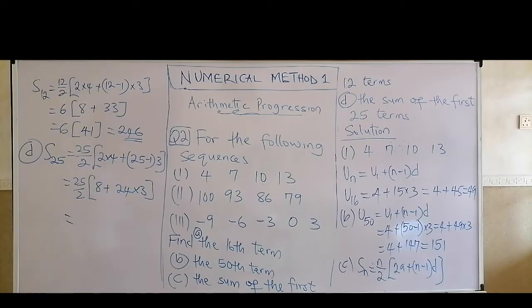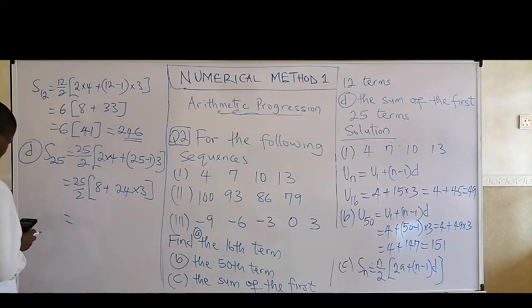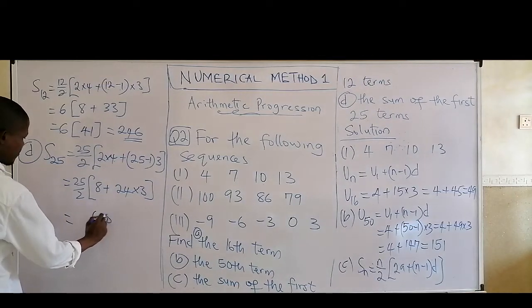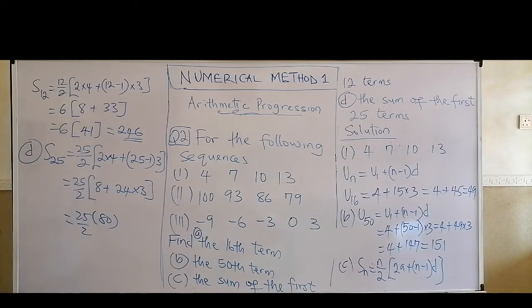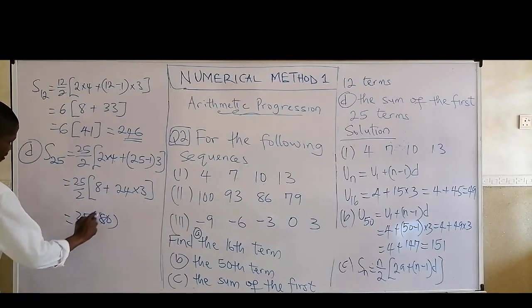24 times 3, that's 72, plus 8, that's 80. So we have 80 here, 25 over 2. The 2 goes into 80 giving 40.